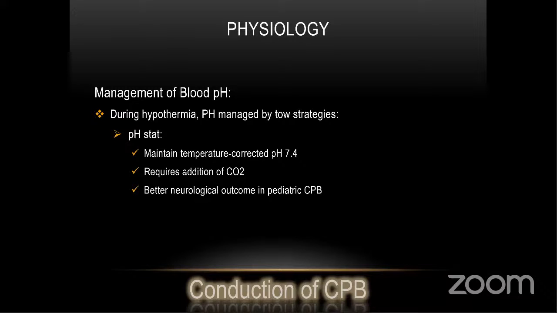With each temperature decrease, the pH will go up, so you correct the pH to reach 7.4 again and keep it at 7.4 during the hypothermia and during rewarming or cooling of the patient.